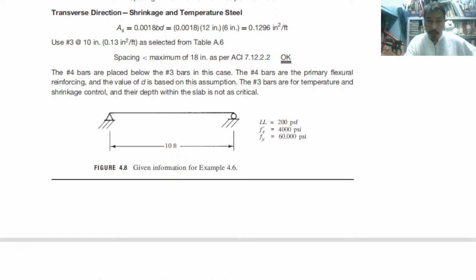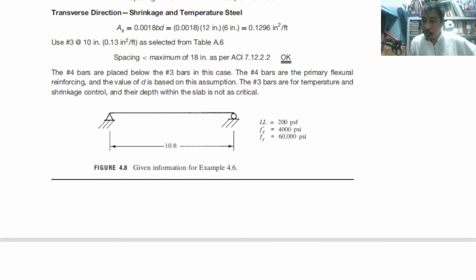Let me have 30 seconds to screenshot. I am taking a screenshot of this important concept, fire protection. Because I am very much interested in fire protection.